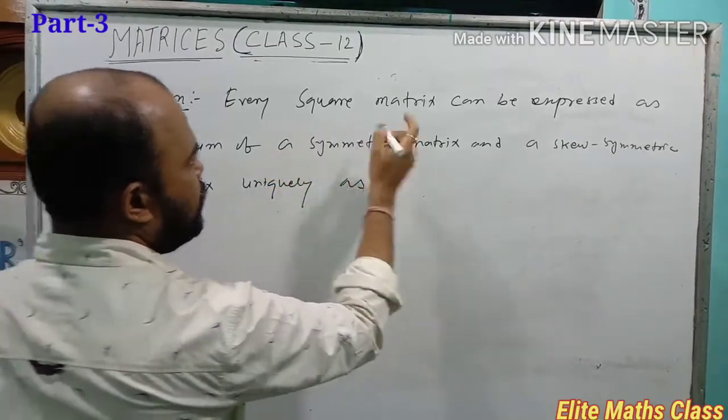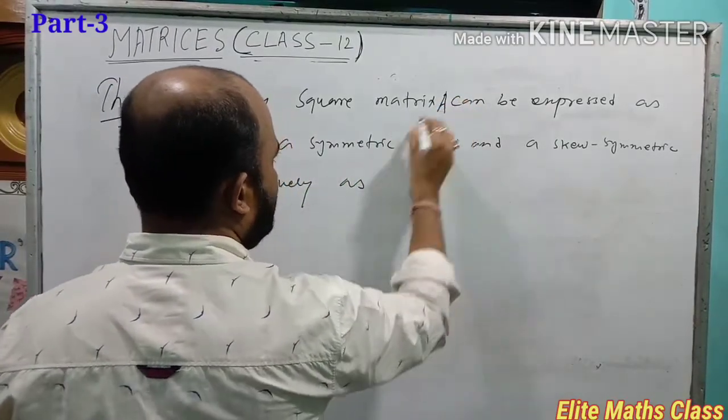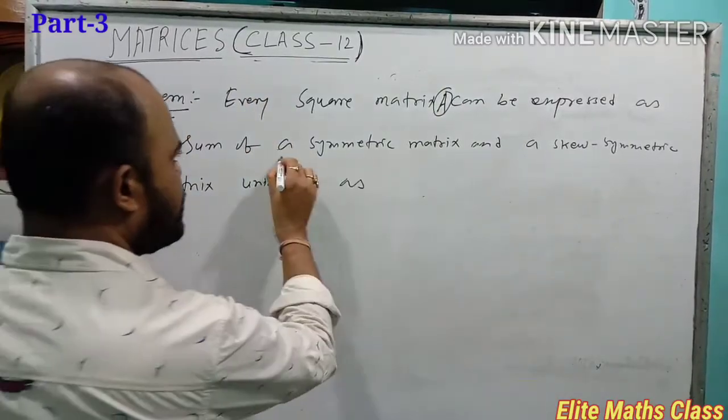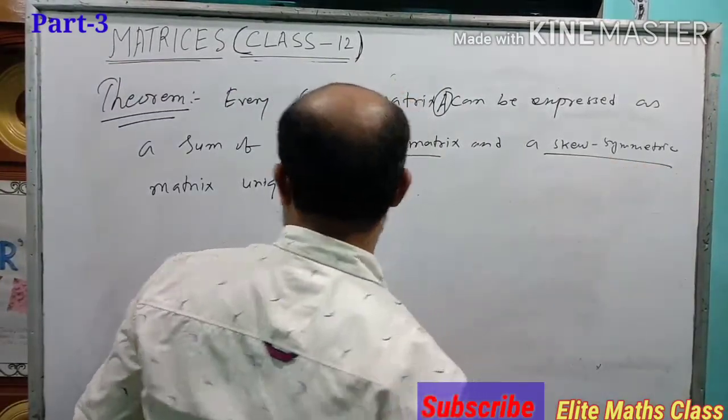Every square matrix A can be expressed as the sum of a symmetric matrix and a skew symmetric matrix uniquely.